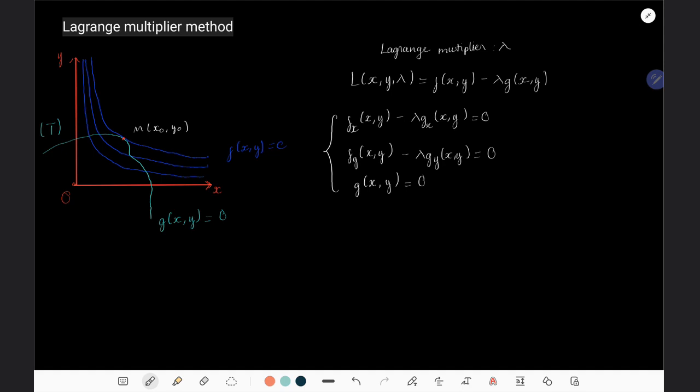Therefore, to find the maximum or minimum value of f on the curve T, we need to focus on the critical points of L that lie on T. These critical points satisfy the condition that the gradient of f is parallel to the gradient of g, which is exactly the condition given in the statement of the method of Lagrange multipliers.